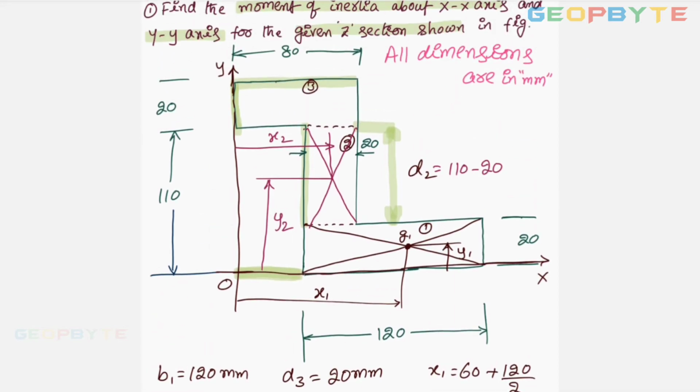Next, look at section 3. Join the diagonals for section 3. Wherever the diagonals are meeting, that is the center of gravity G3. This is G2. Then this is the x3, and this is the y3.